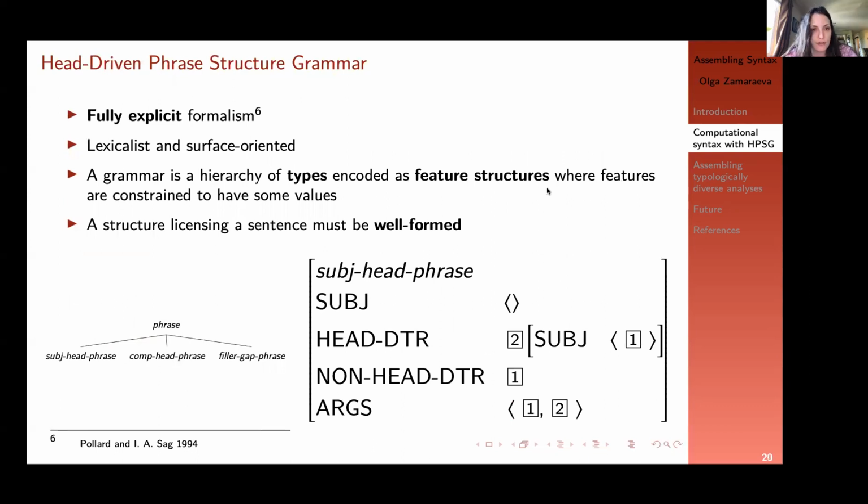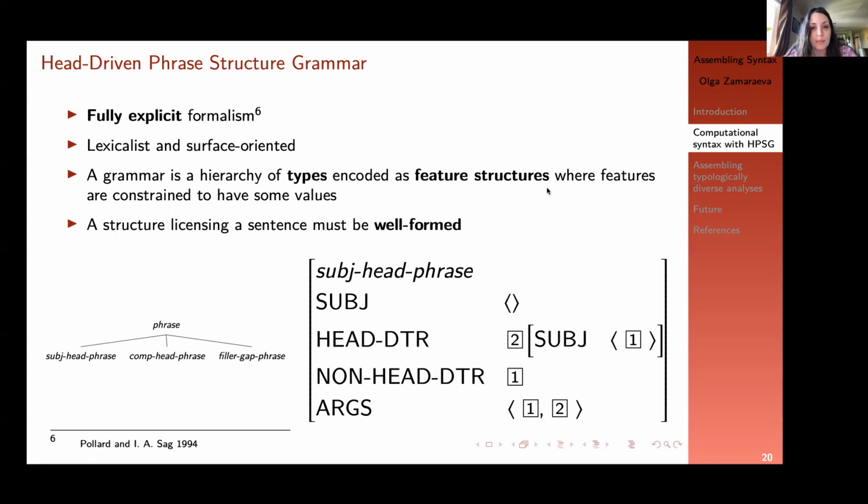What is head-driven phrase structure grammar? Head-driven phrase structure grammar, or HPSG, is a fully explicit syntactic formalism, which is to say that it can be implemented on the computer, right? So there are no parts to it which are not sufficiently explicit to be implemented in a machine-readable way.